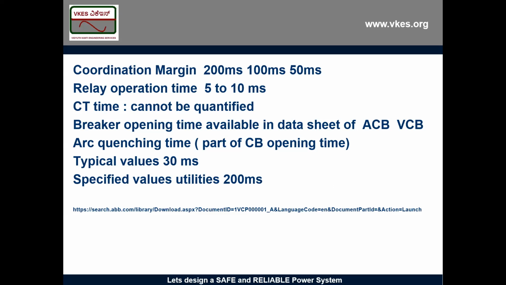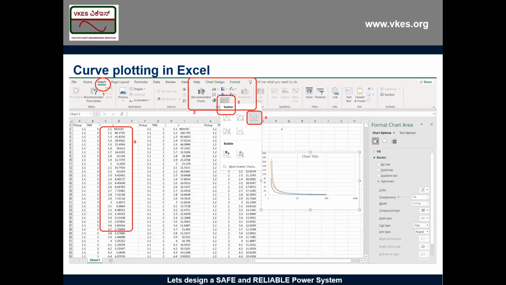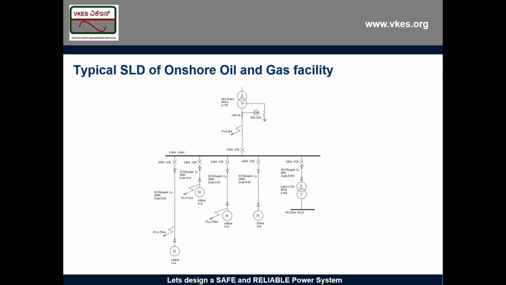Sir, basically what I am trying to tell is, if I have to give a coordination margin between these two, and there is a fault here, this will operate. Actually, I don't want this to operate immediately, so I have to deliberately give some delay.